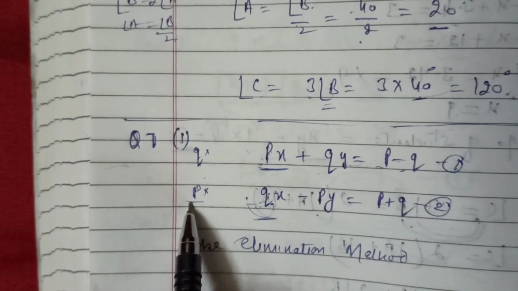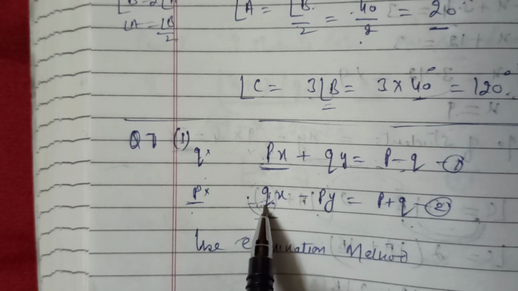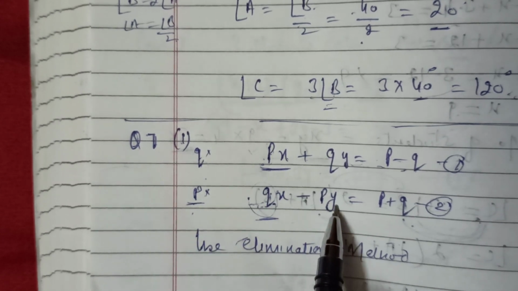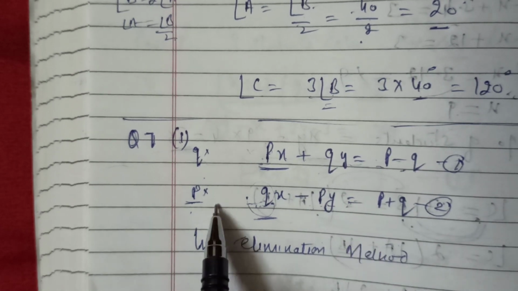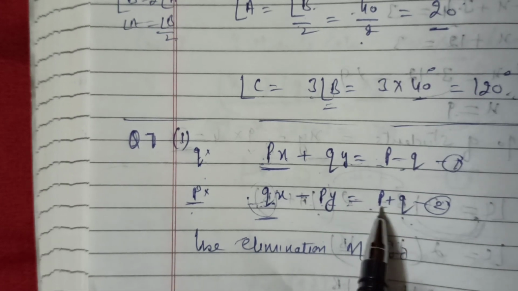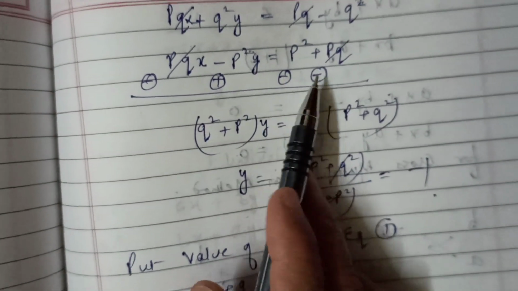Similarly, here you multiply by p: p into q, pqx, minus p into py, p square y, is equal to p into p, p square, plus p into q, pq. This whole product I have written like this.